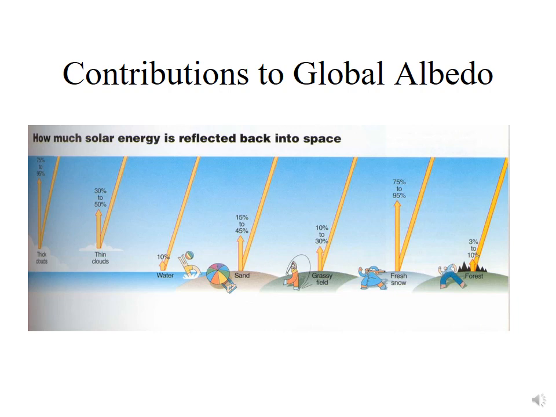And forests, because they're designed to maximize the absorption of solar radiation, are actually quite dark, and they only reflect anywhere between 3 to 10% of the solar radiation back to space. And of course, the global albedo is the sum of the contribution of the albedo from all of these different surfaces and clouds over the entire planet.